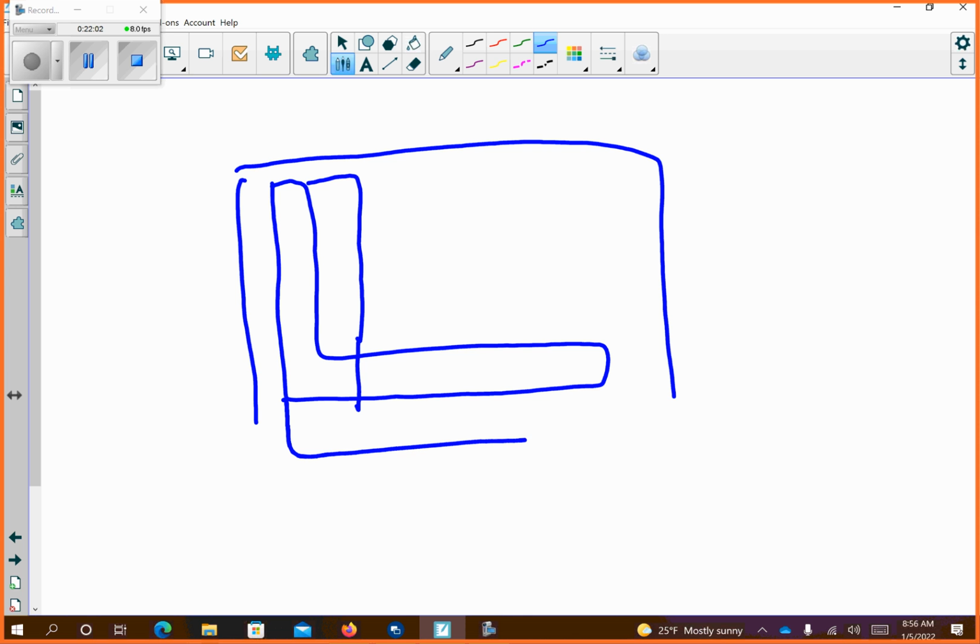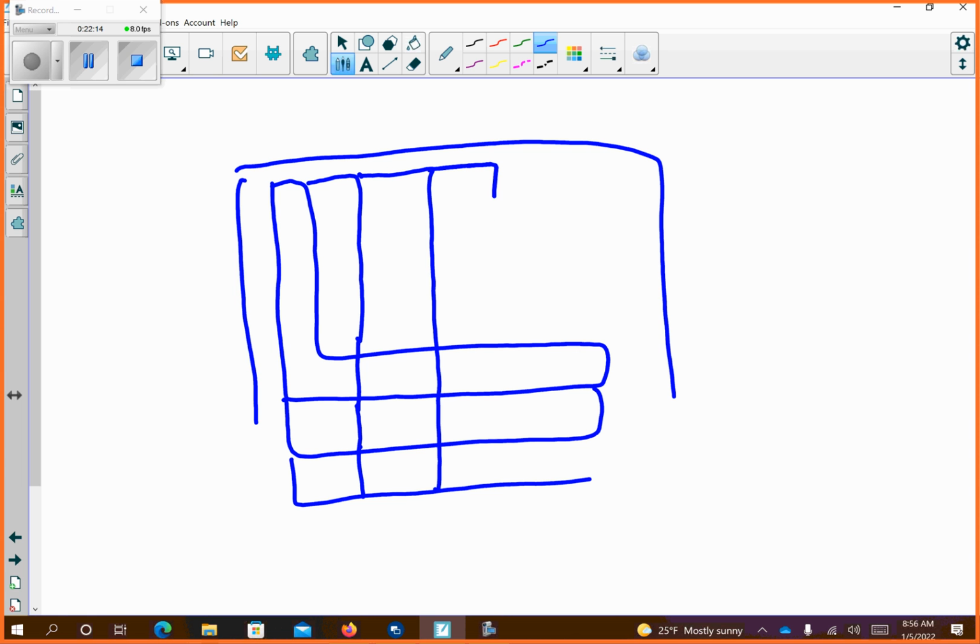Kind of do something like this. And then you take it out even further. And so if you start getting to more and more groups, you start doing this where this is the group that would be involved in all 4 activities.